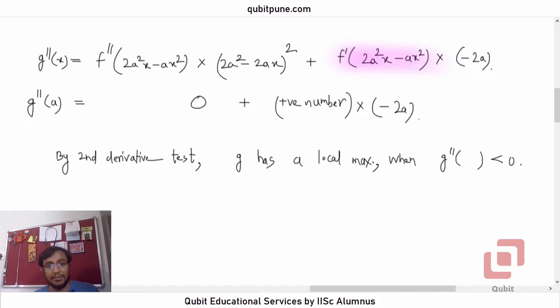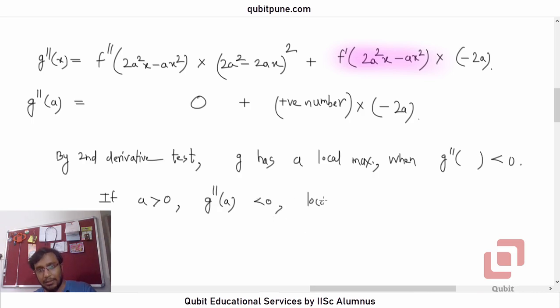Now what does this mean? This means if a is positive, g double prime of a will be negative, because it is some positive number into negative 2 into a. But if a is positive, negative 2 into a will be negative, and that number into a positive number will again be negative.